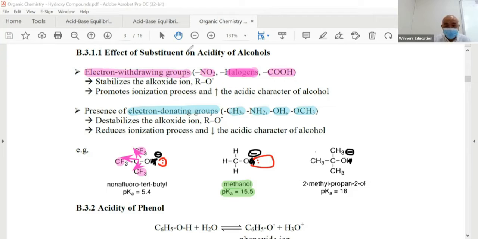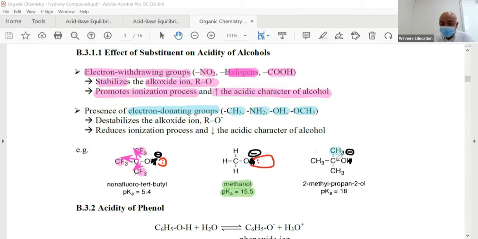If that's the case, it also means that it stabilizes the alkoxide ion, the one that I just drew on the left. Make sense? It will have less lone pair, less intensified negative charge. It will have less tendency to take back H+. Yes. Which means the H+ like to go to the right rather than take back to the left. Yes. So it promotes ionization process, the dissociation of H+, right? And increase the acidic character. Easy. Okay? And the opposite must be true.